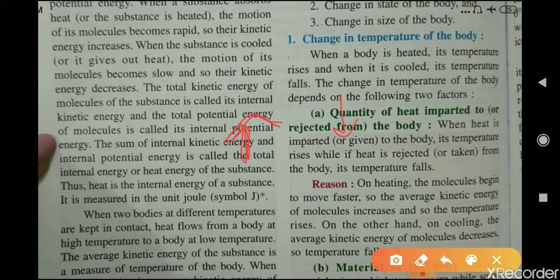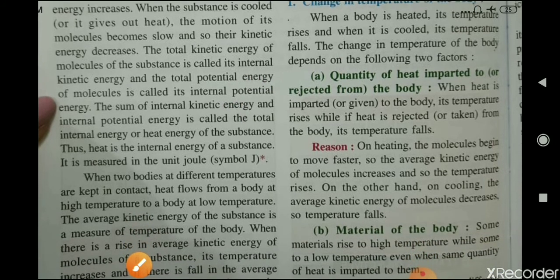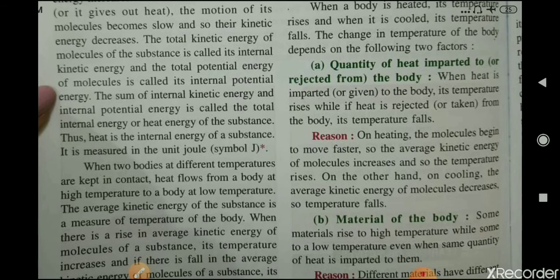Now the change in the temperature of a body depends on two factors. What are those factors? First, the quantity of heat that is imparted to or rejected from the body.